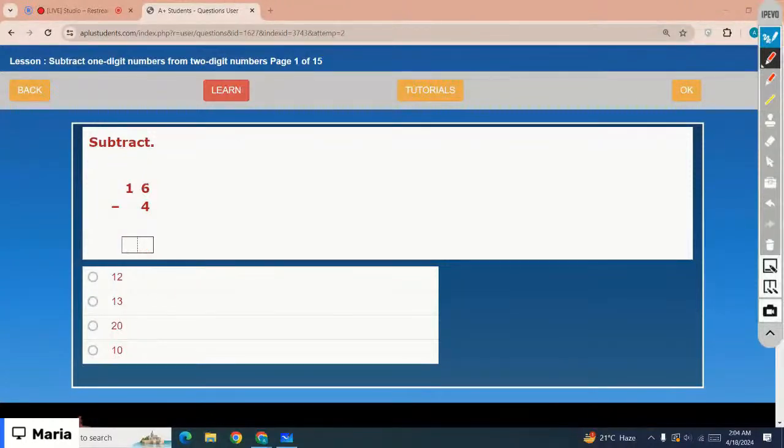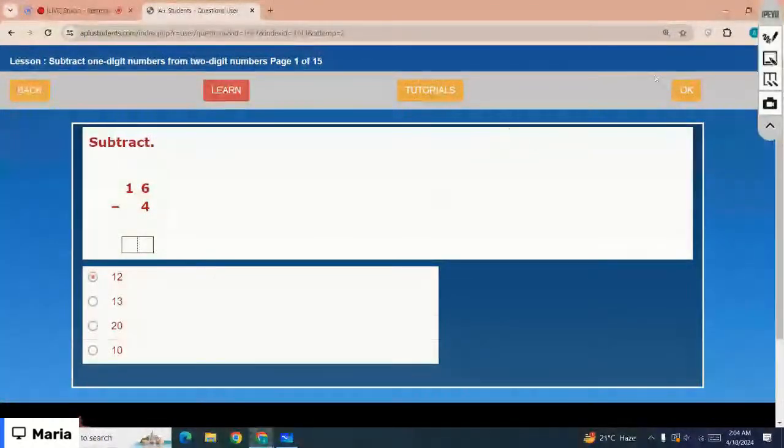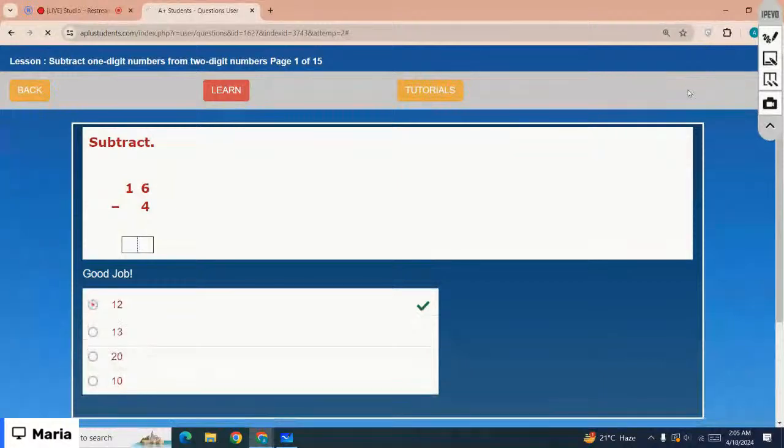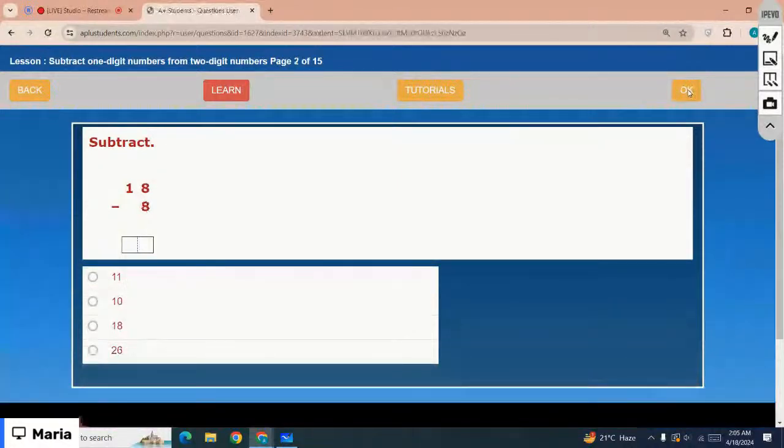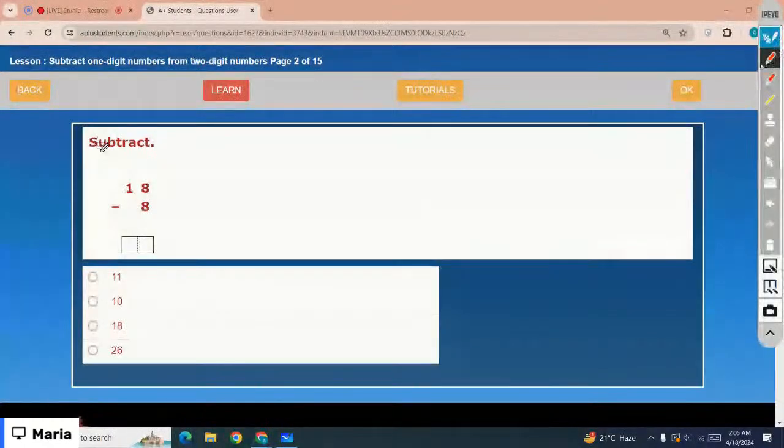The correct option is 12, right? Okay, the next one is 18 take away 8, right? So always start subtracting from the ones digit, the rightmost digit, right? 8 take away 8.